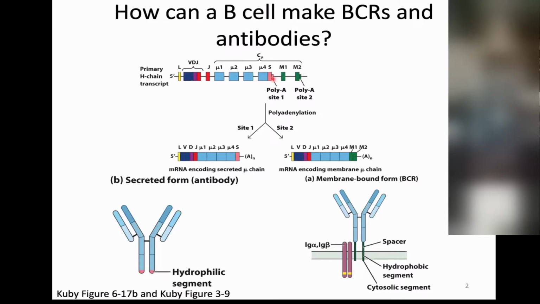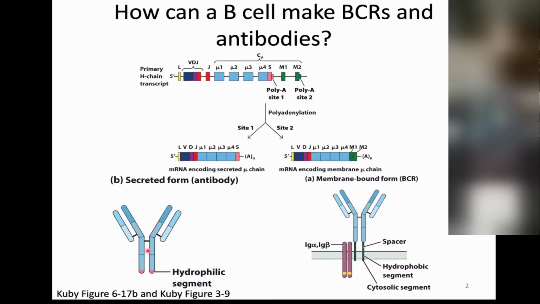You can also see that there are a couple of different areas after the constant region, including 2 areas where we can have a poly A site. And this transcript can be spliced in 2 different ways. In one, we end up with this pink piece at the 3' end of the RNA. In the other, we end up with these green pieces.